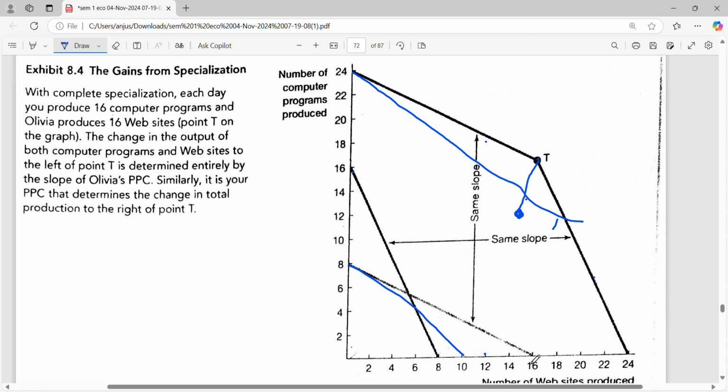It will be in a real parallel sense, and most probably it will be somewhat like this. So it will be moving, that is the thing. And again, if this T is moving rightward, it means that it is your PPC that determines the change in total production to the right of the point T. That is, your PPC is this, and to the right it will move, if you have more to produce or something like that.